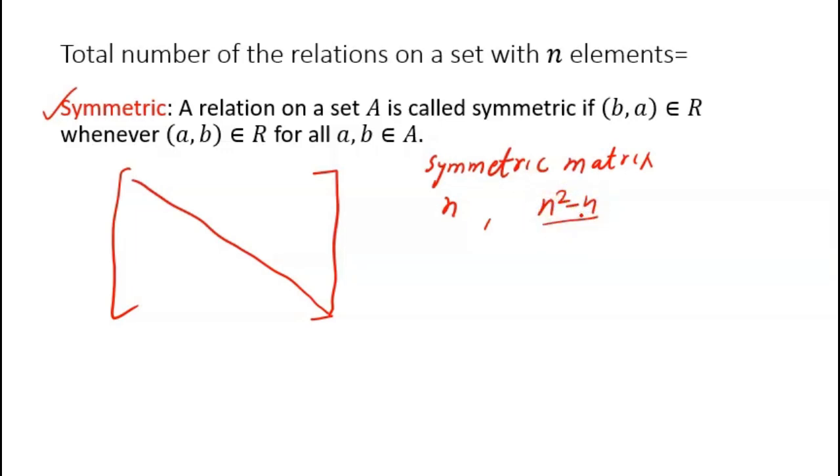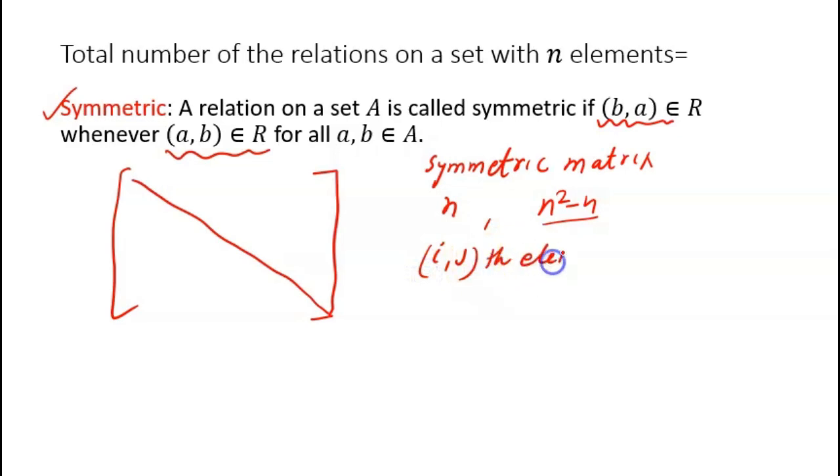Now, what is the characteristic of a symmetric relation? The characteristic of a symmetric relation is that we must have BA in R whenever there is an AB in R, right? So it means that suppose we have an element in the ith row and jth column, the ijth element.